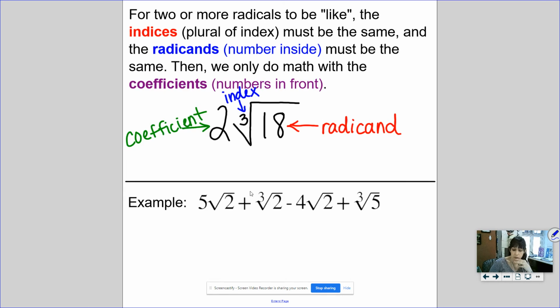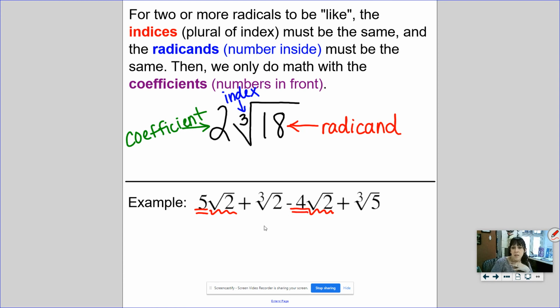Let's look at an example. So I want you to add like radicals down here. Well, these three things have a 2 on the inside, but only 2 of them have the same index. This one and this one have the same index. So only these 2 are actually like radicals, and I'm allowed to then add their coefficients.